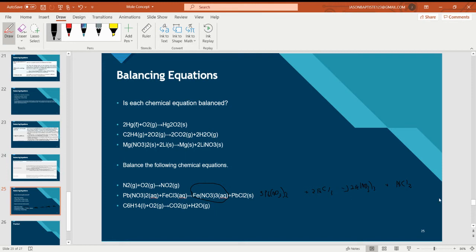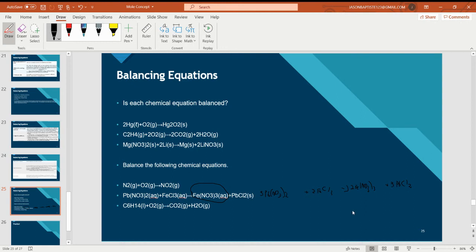But we still have lead and chlorine to deal with. Now on the reactant side, we have 1 lead and 2 chlorine, but we have 3 lead and 6 chlorine on the other side. So what we'd want to do is add a 3 here.